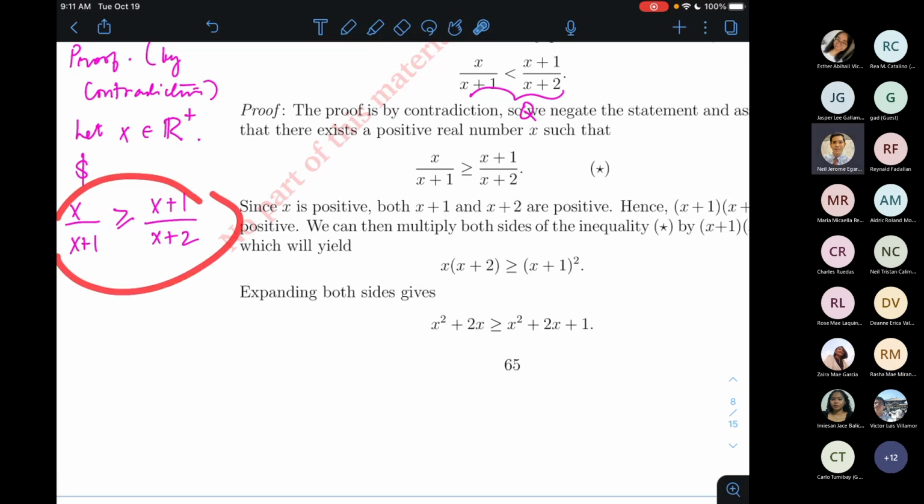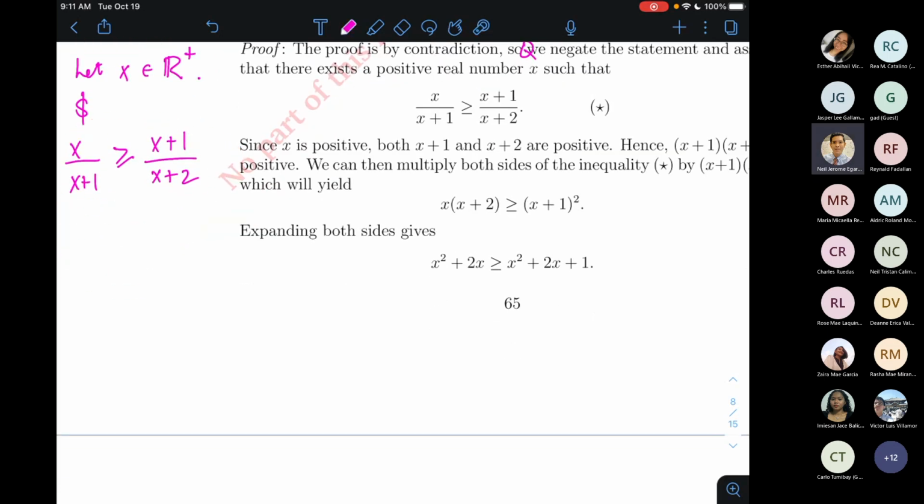So since this is part of our assumptions now, ibig sabihin dapat mag-follow na, okay, pwede ako mag-multiply ng x plus 2 times x plus 1 both sides. Kasi si x plus 1 ay positive, si x plus 2 ay positive dahil si x ay positive. So pwede ako mag-multiply both sides ng x plus 1 times x plus 2 without changing the inequality, right?